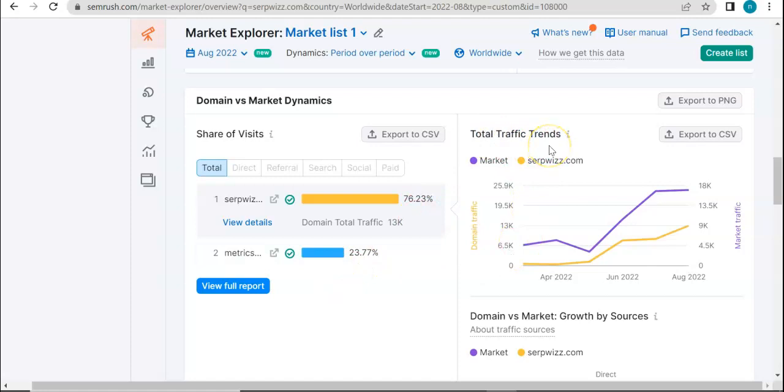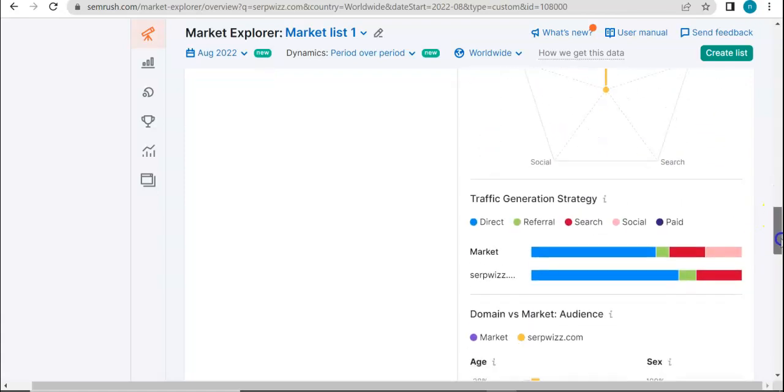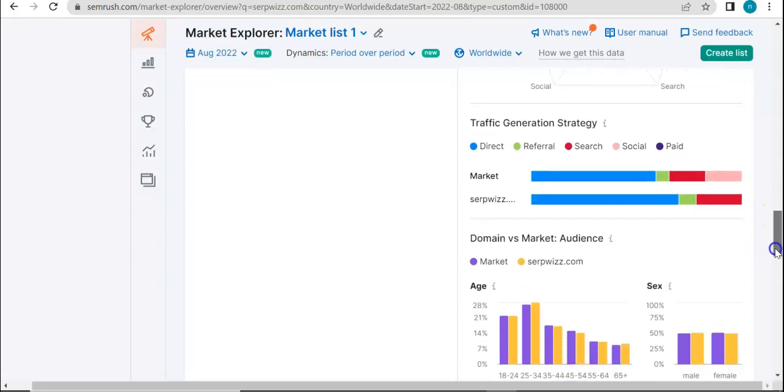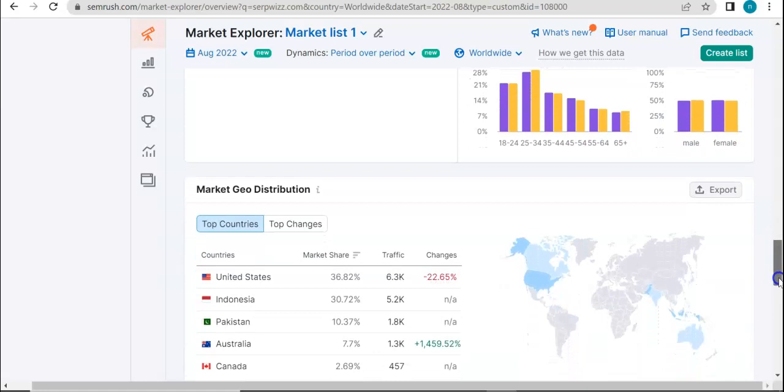Total traffic trends, so you get a graph here of what it looks like for these particular dates or months, as well as domain versus market growth by sources. You can take a look at all of those traffic generation strategies. So you see there are a lot of metrics that are being viewed here, since it is the overview.